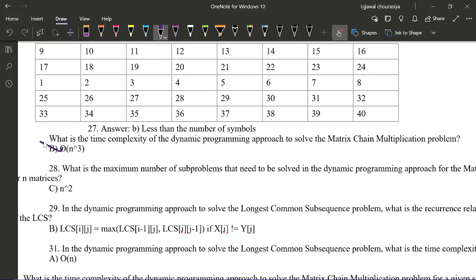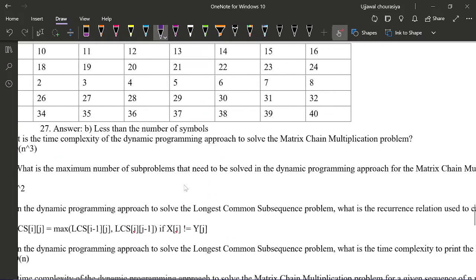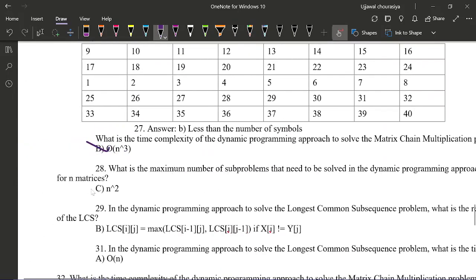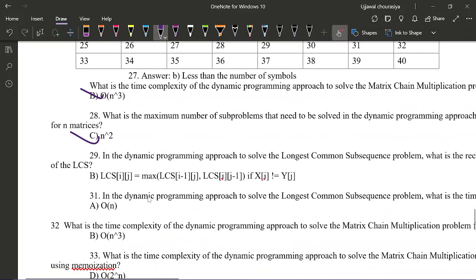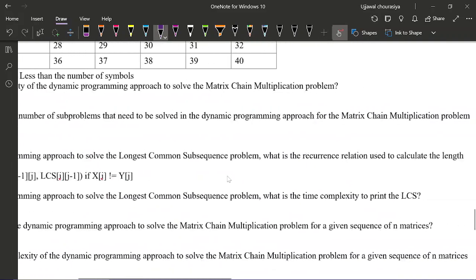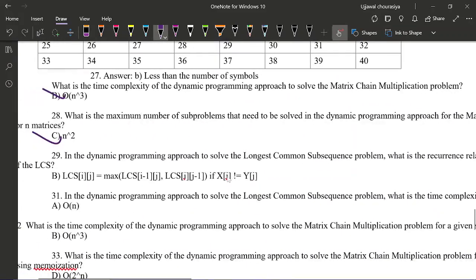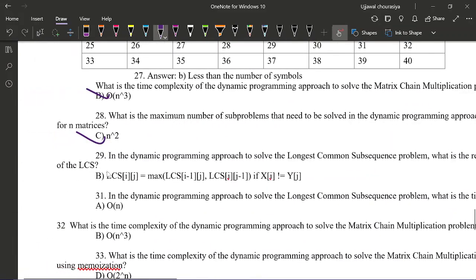Its answer is order of n cube. What is the time complexity of the dynamic programming approach for the matrix chain multiplication problem? N square. In the dynamic programming approach to solve the longest common subsequence problem, what is the recurrence relation? Answer B.